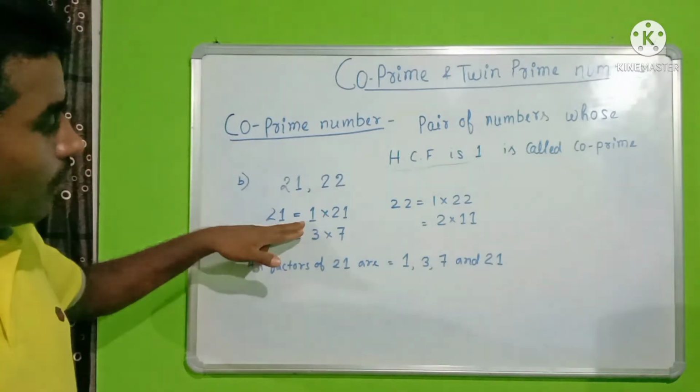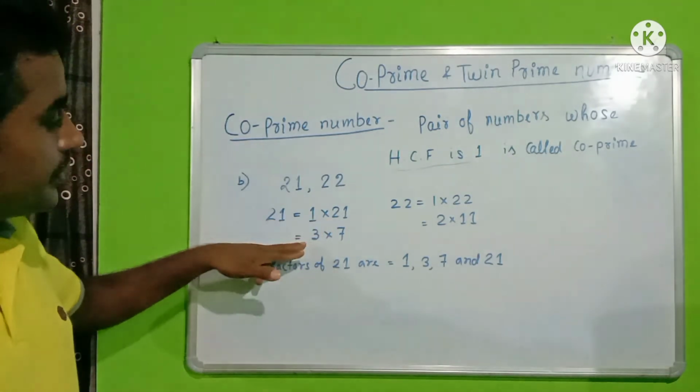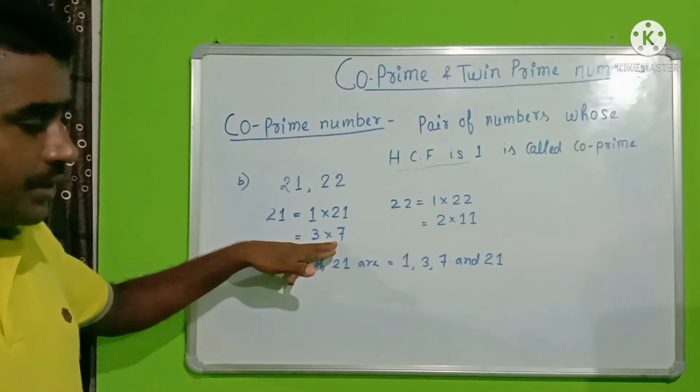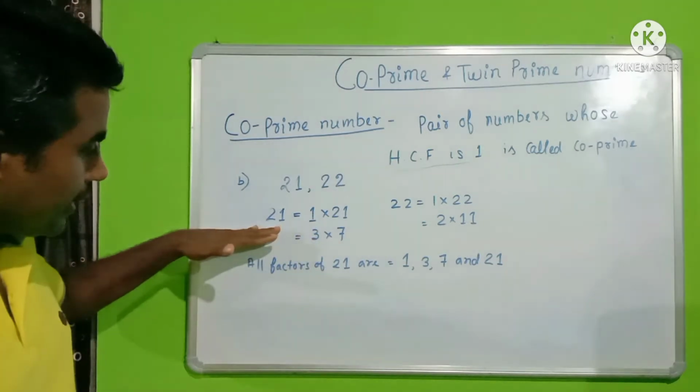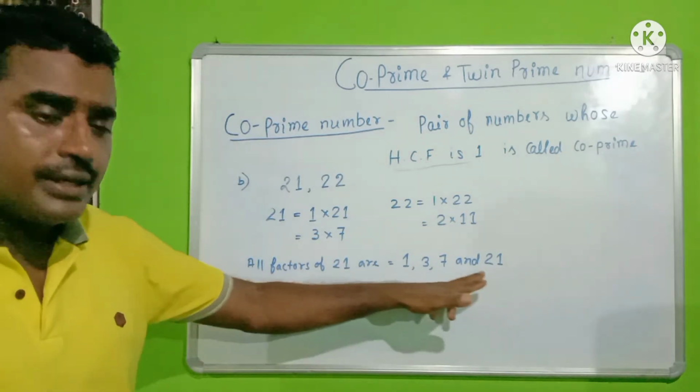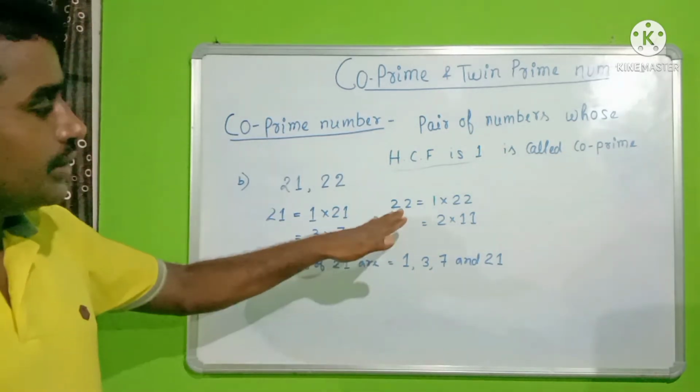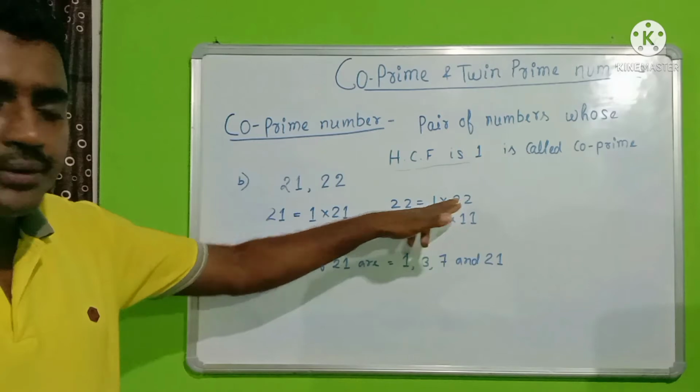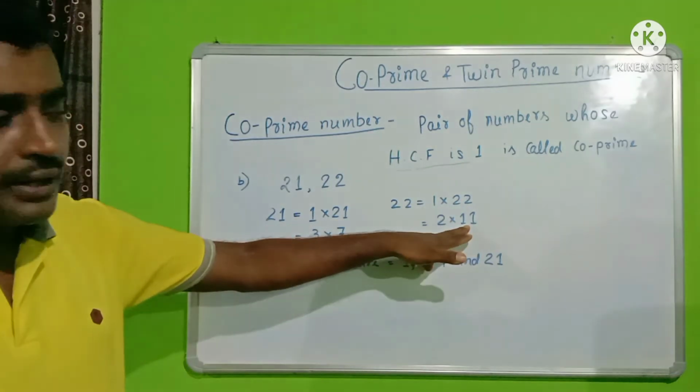Since 21 is 1 into 21, 3 into 7, all factors of 21 are 1, 3, 7 and 21. Similarly, 22 is 1 into 22, 2 into 11.